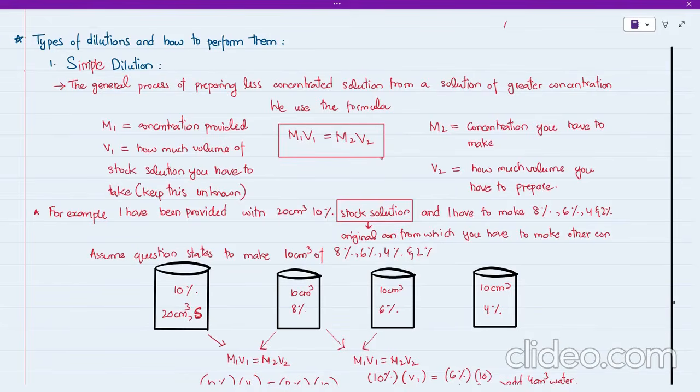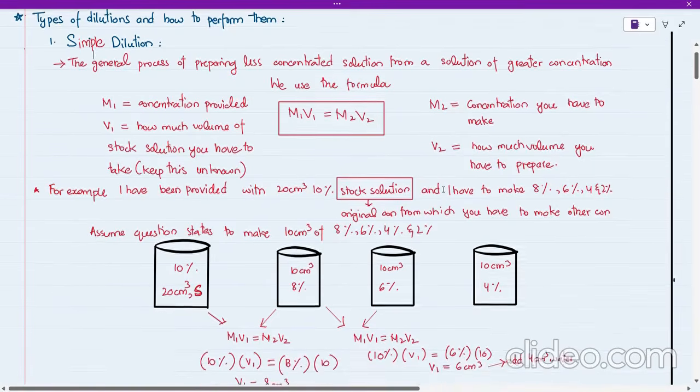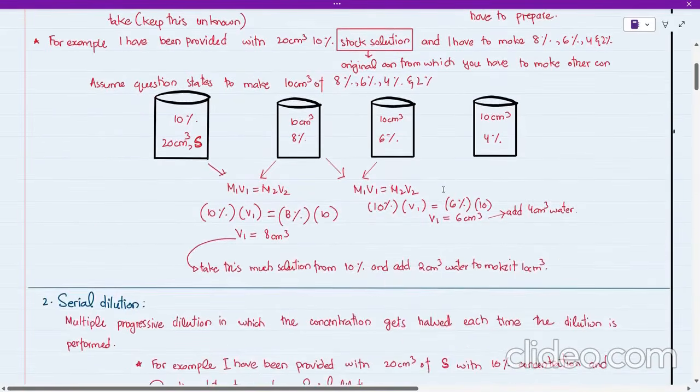For example, I have made these diagrams where I have been provided with 10% of 20 cm cube stock solution, and then I have to make 8%, 6%, 4%, each of 10 cm cube.